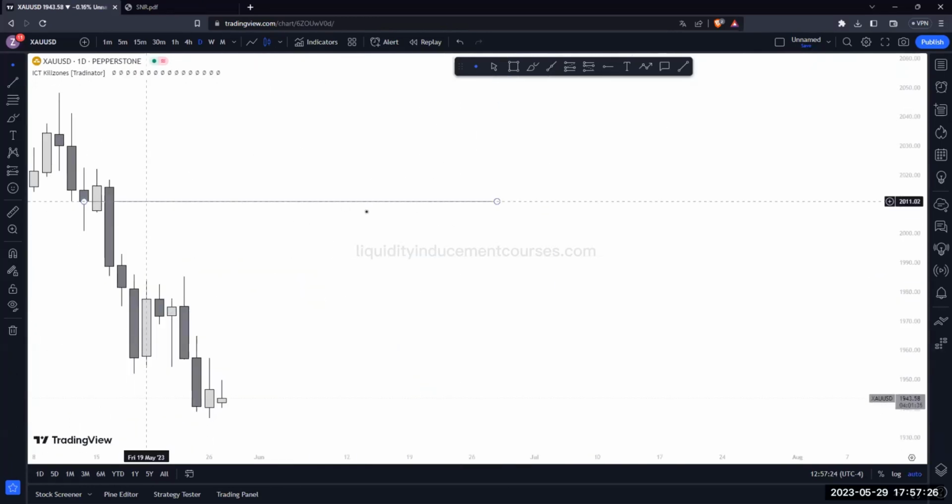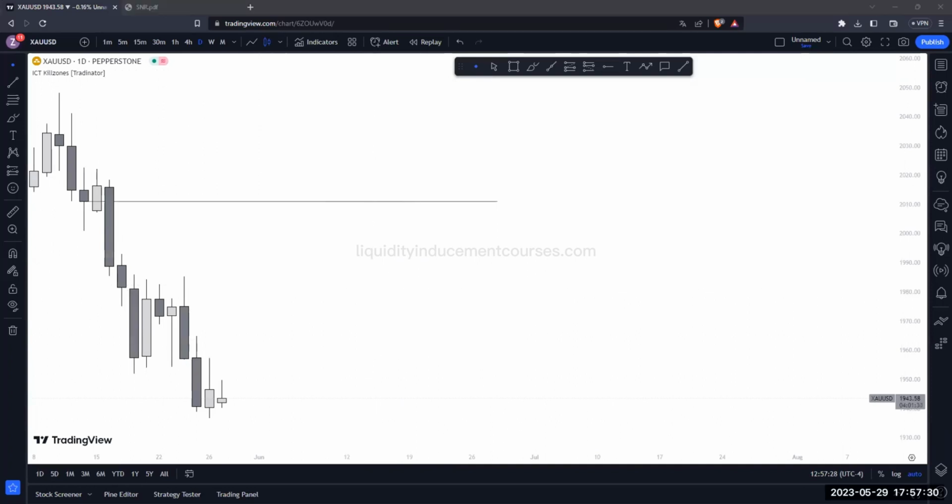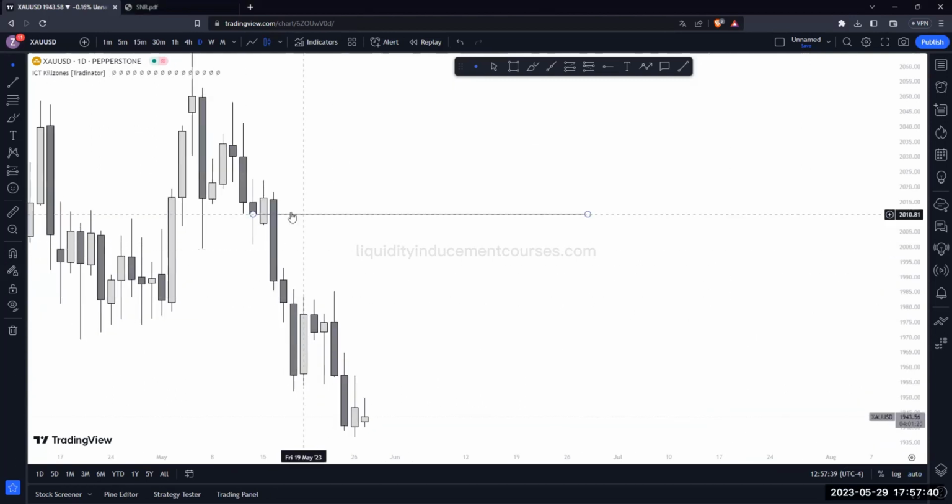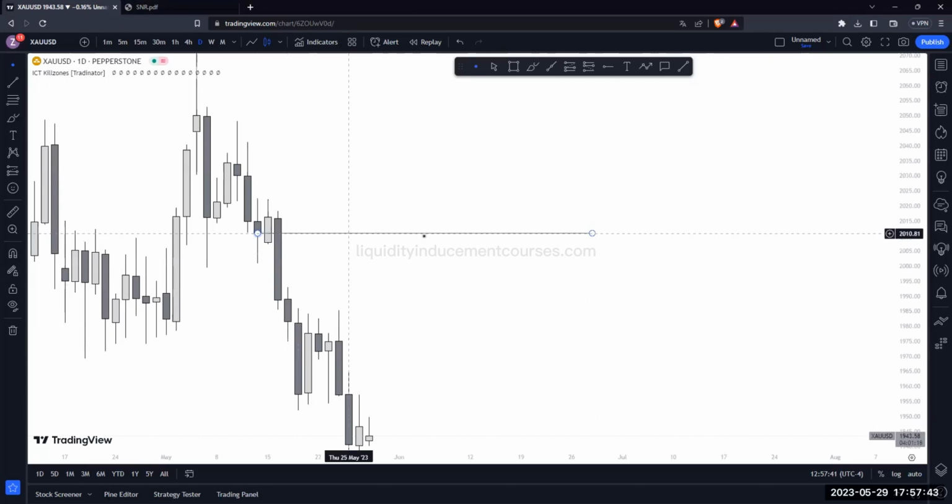All right. So after you take that level, you simply check if that level has any wicks on it. Do you see any wicks coming across this level? Where is the wick on the level? Crossing the level.